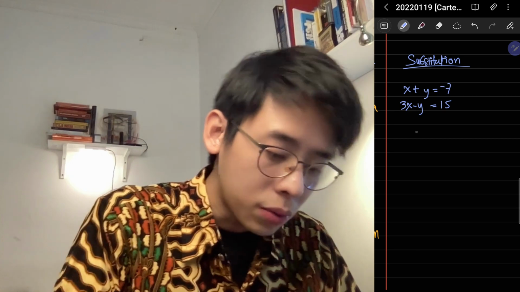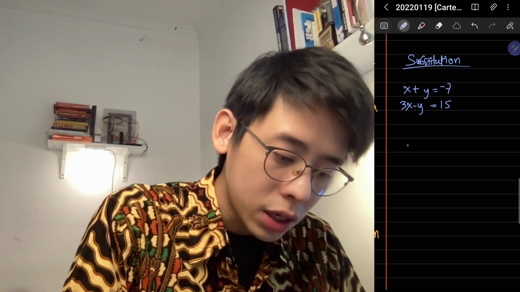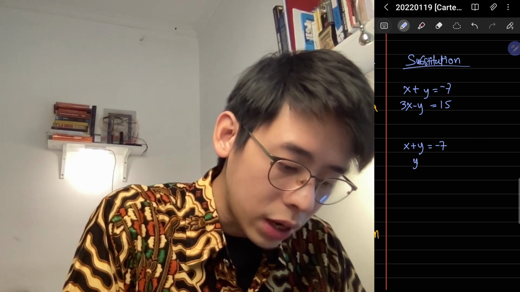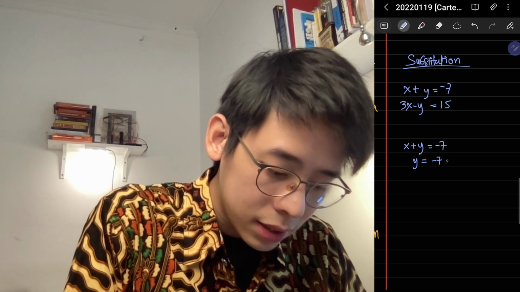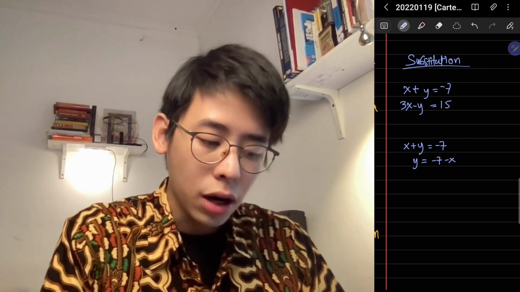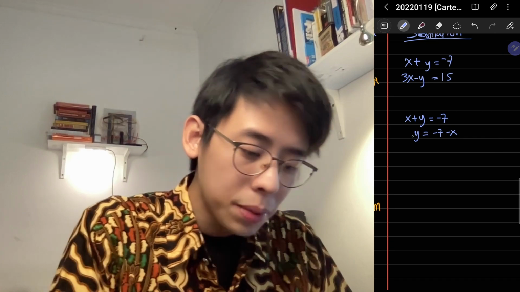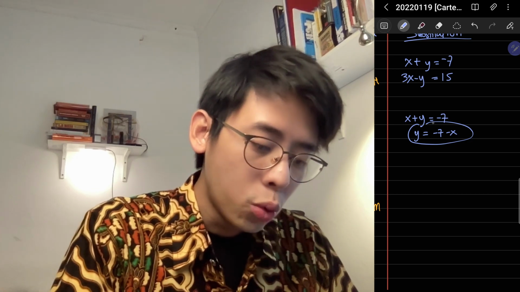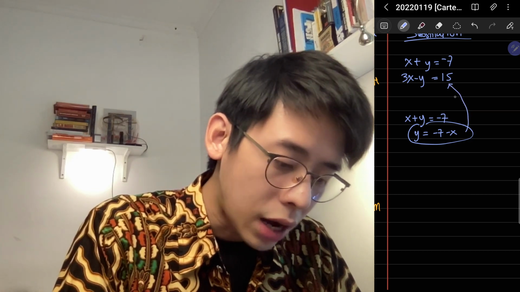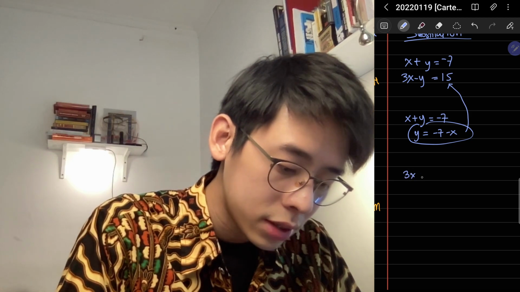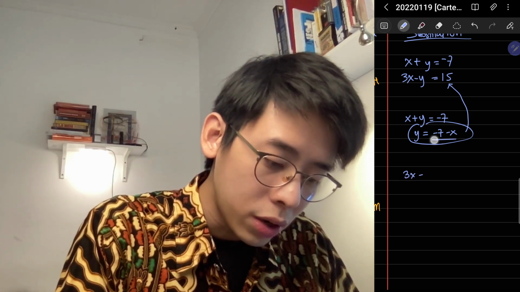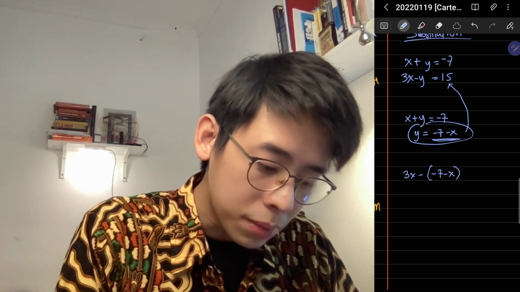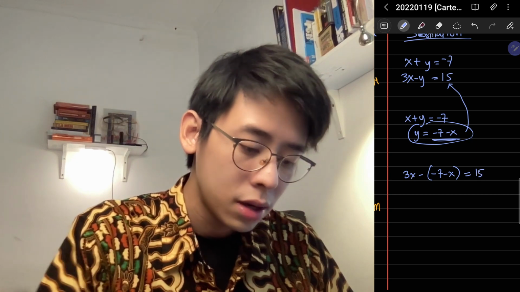So we move the x to the other side, so we have y as the subject of the first equation. Because y equals minus 7 minus x, we put it in the other equation. So 3x minus y, where y is minus 7 minus x, equals 15.